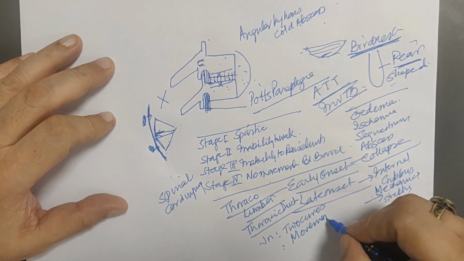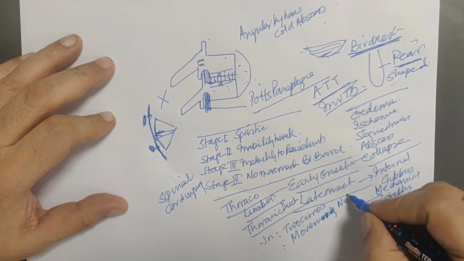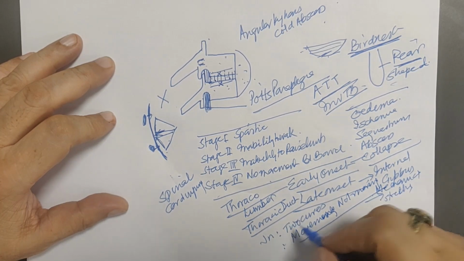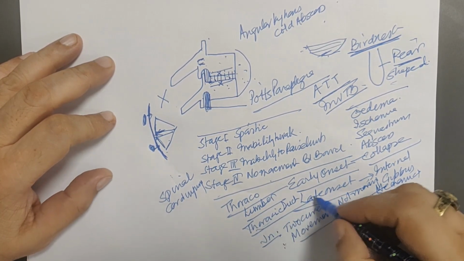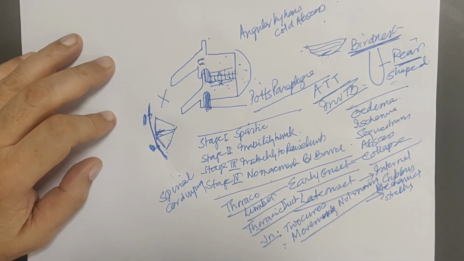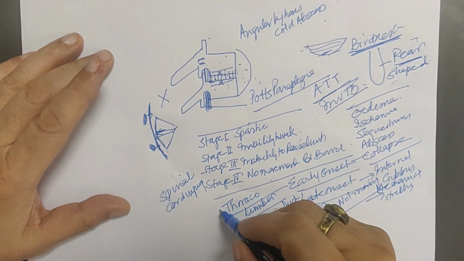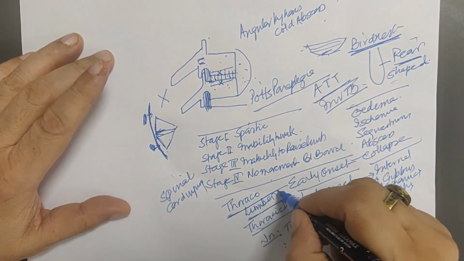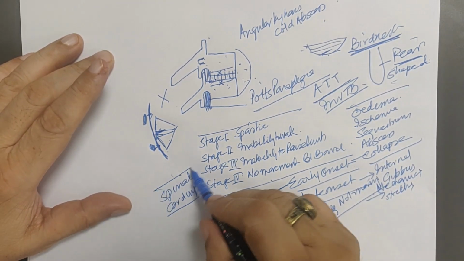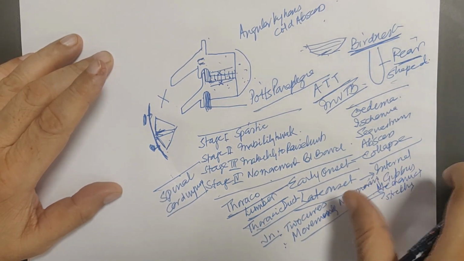Then it is the junction of the moving and not moving area. Thoracic spine doesn't move, lumbar spine moves. That is why the thoracolumbar spine is most frequently involved. All the rest is supportive treatment and management of Pott's paraplegia.